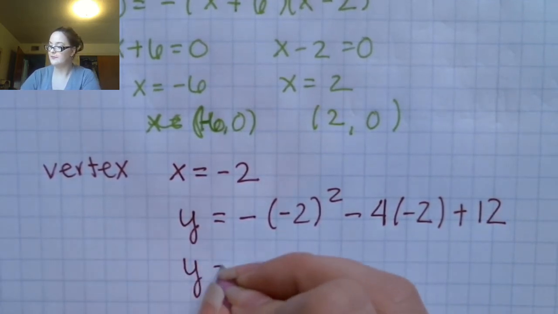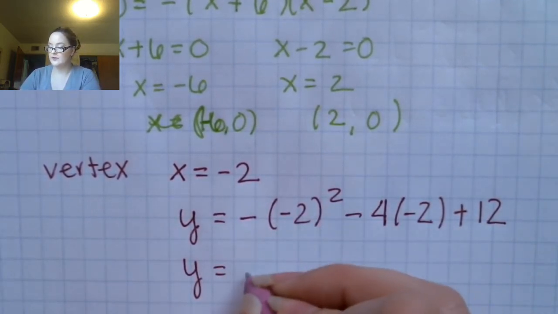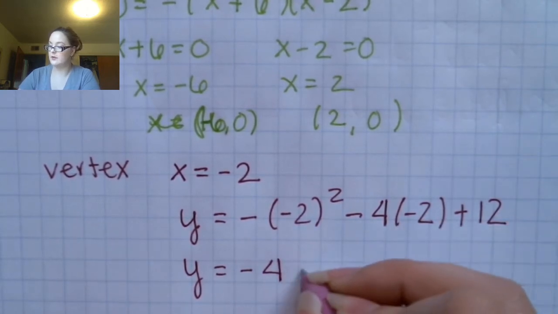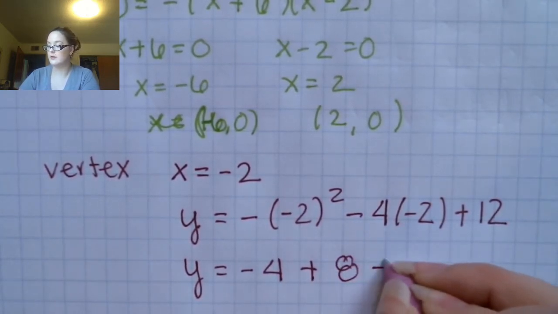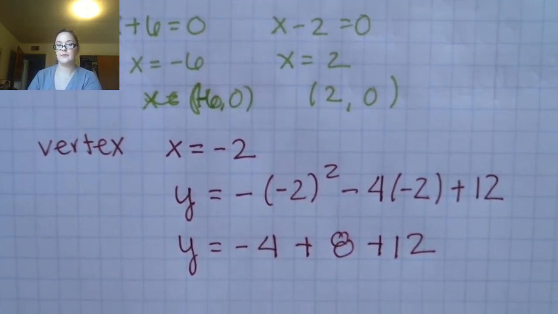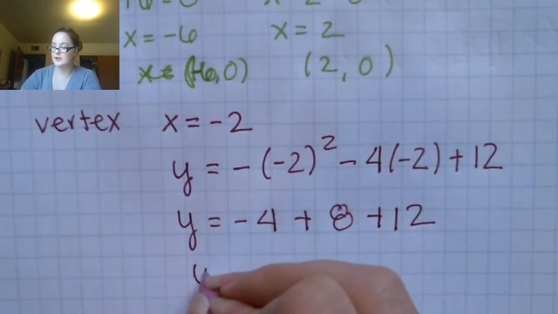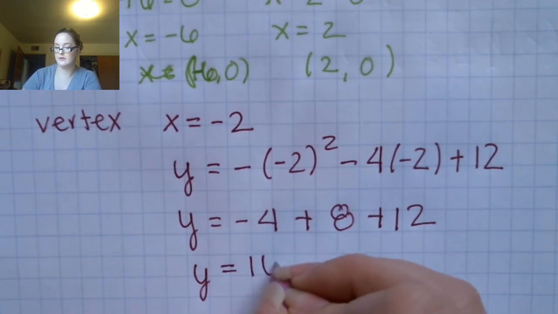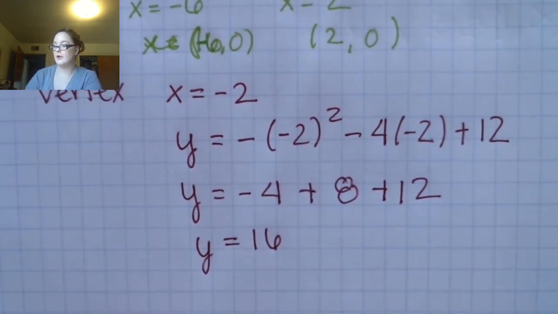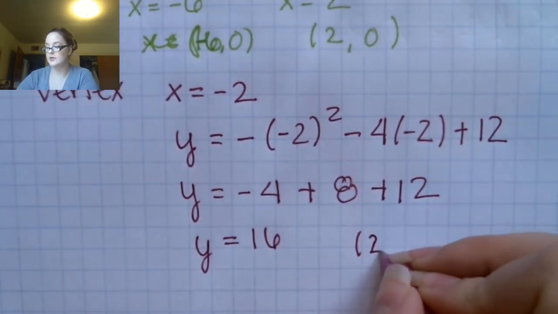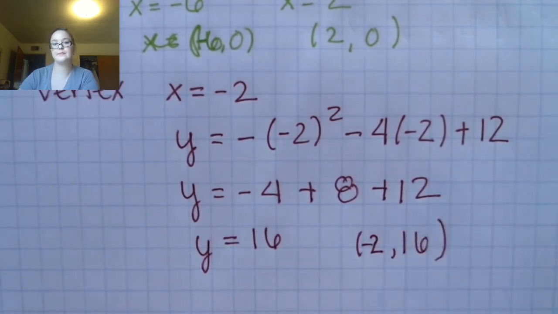Okay. -2 squared is 4. Okay. 8 plus 12 is 20, minus 4 is 16. Okay, so my vertex is going to be -2, 16.